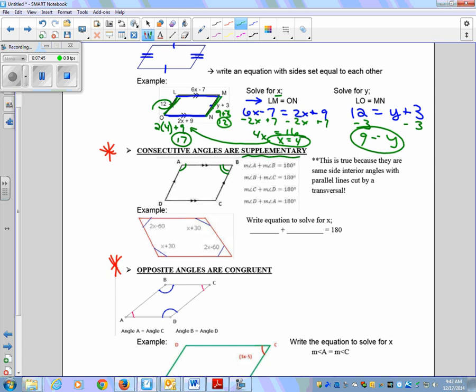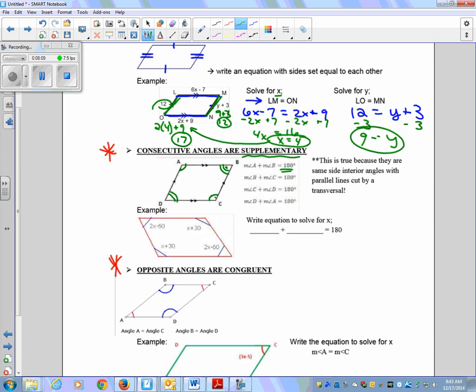Add up to 180. So the measure of angle A plus the measure of angle B is 180. All of the consecutive angles: B plus C is 180, C plus D is 180, D plus A is 180. All supplementary.